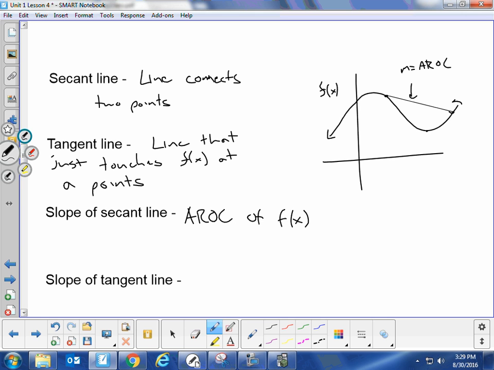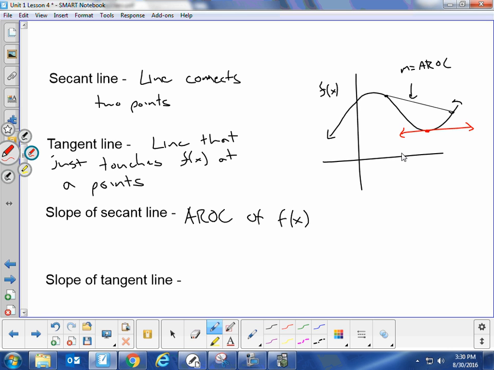Let's take right here. I would draw a line that just touched the function at that point. Two points, average rate of change. Take those 2 points, put them infinitely close together, and we can extend those 2 points and create a tangent line.